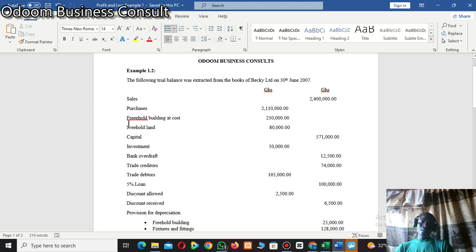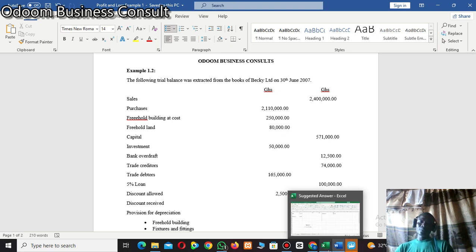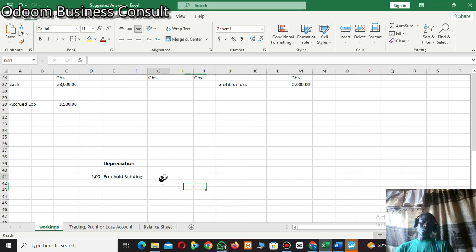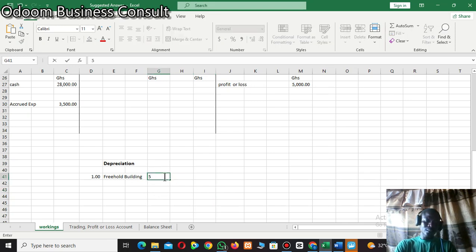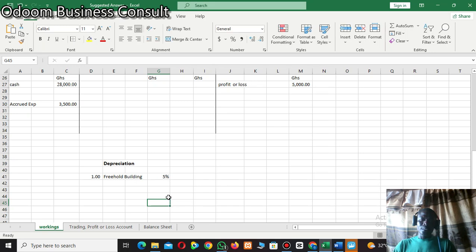Okay, and it's easy to compute. The cost for the freehold building is 250,000 cedis. So let's do the workings. So we have 5% on cost.